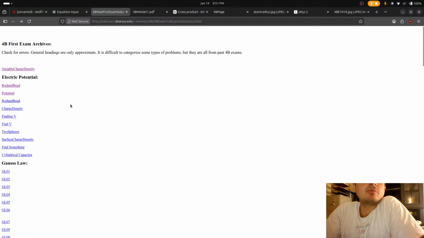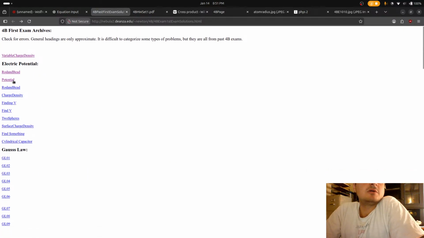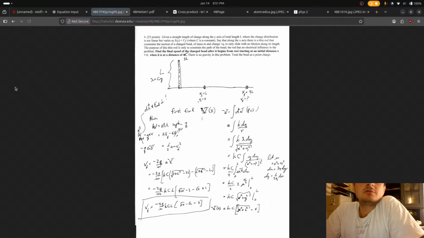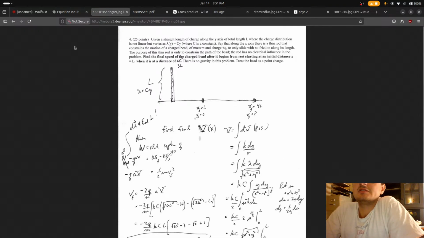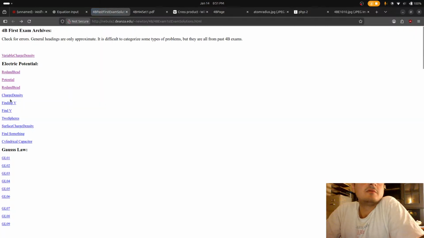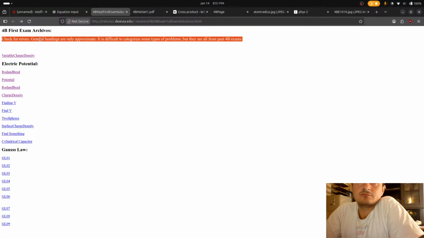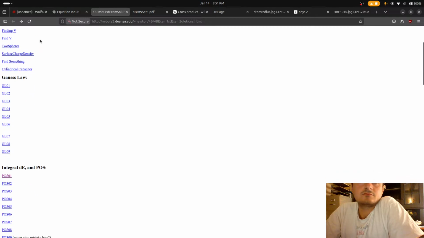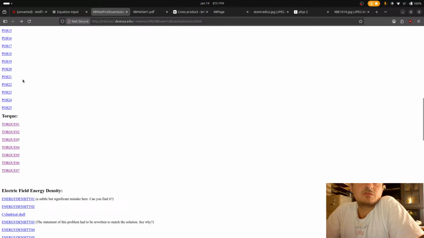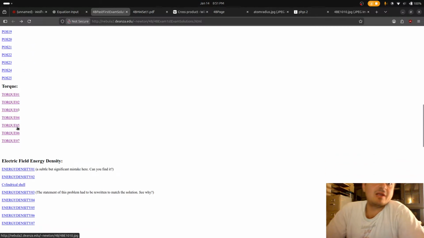There aren't that many problems that apply to us. Do you see this lambdas? When the lambdas here, we're not there yet. Charge density, finding V, two spheres, find something. So really the statics problems barely come in.